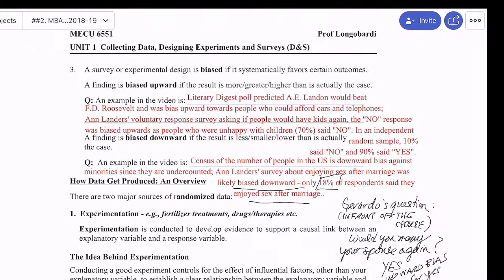The question: is there ever a benefit of doing voluntary response versus random sampling? Sometimes you won't feasibly be able to random sample and be sure that respondents will answer your questions. So conducting voluntary response is a first step, getting an idea, formulating a hypothesis, and then, with the means and resources, either getting financing to do it.